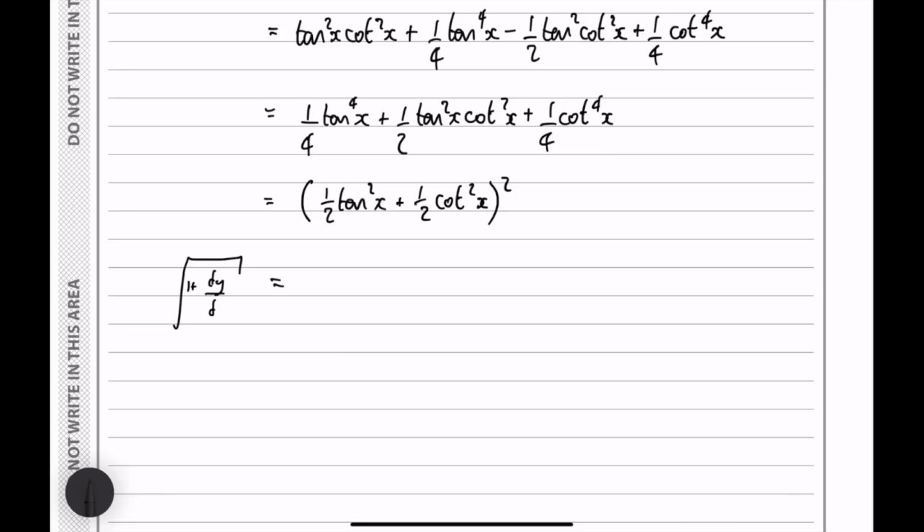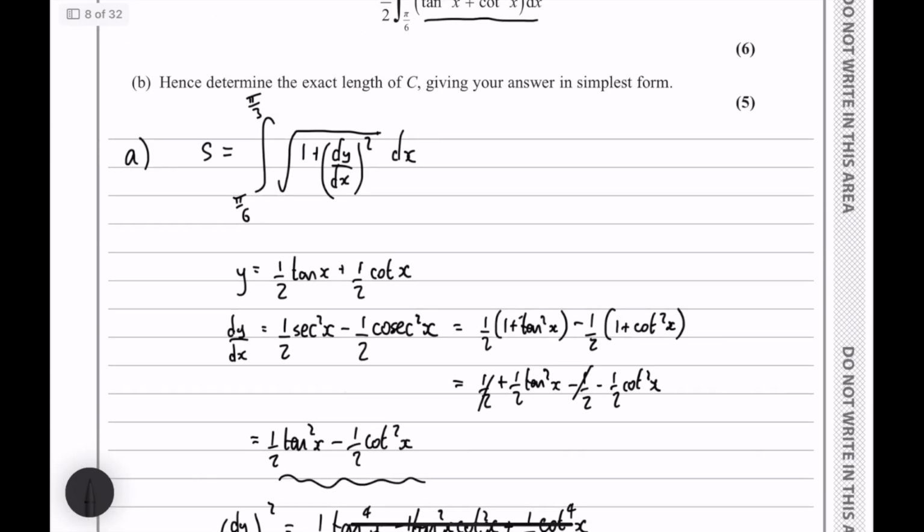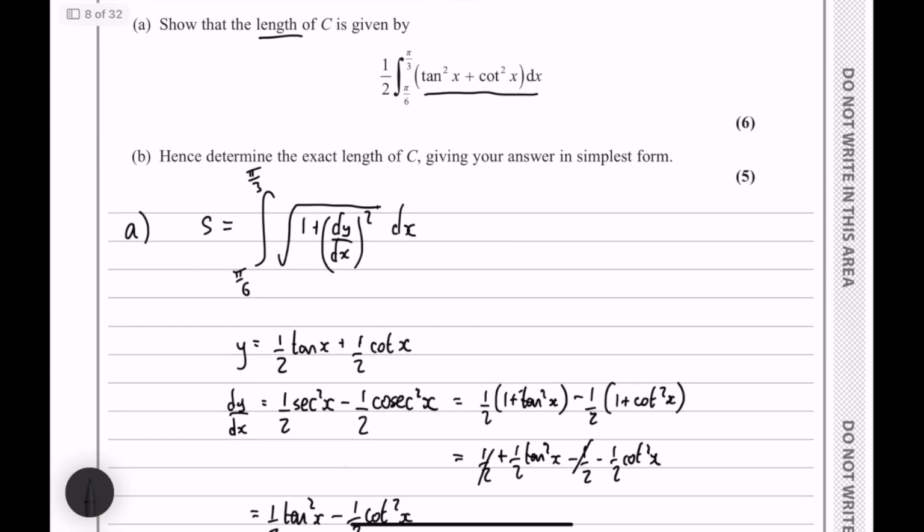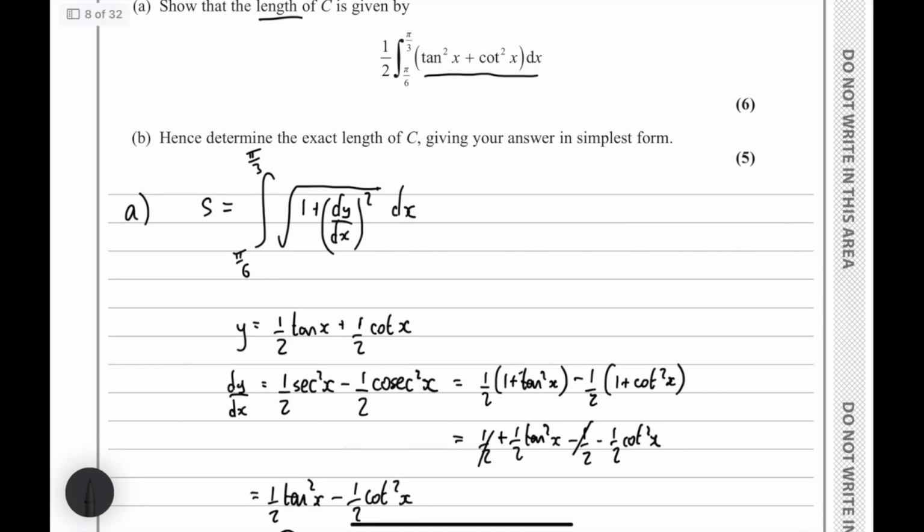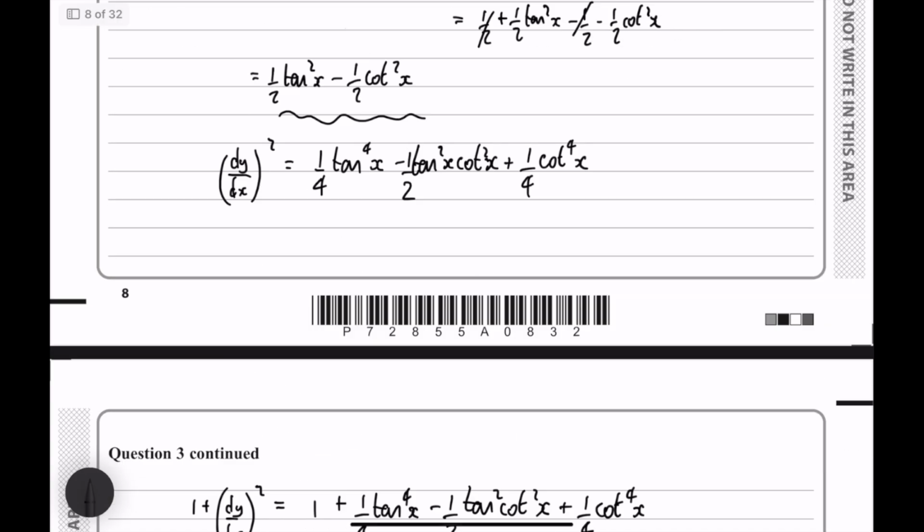we get just the bracket without the square. So we've got a half tan squared x plus a half cot squared x, if you can read my writing. And then that goes into the integral and gives us more or less what we're expecting. We just need to pull a half out the front.